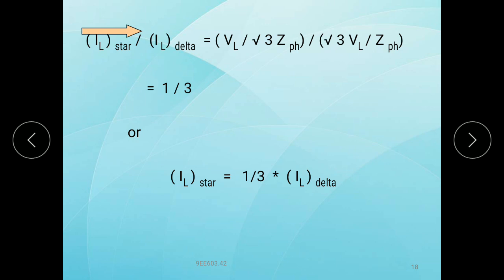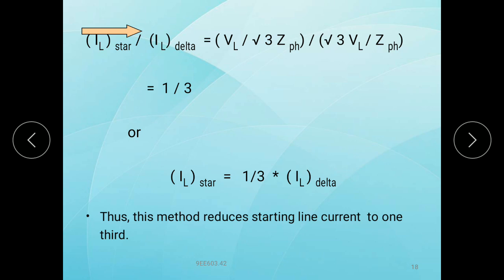So that is equal to 1 by 3, or otherwise IL start is equal to 1 by 3 into IL delta. Thus, this method reduces the starting line current to 1/3.